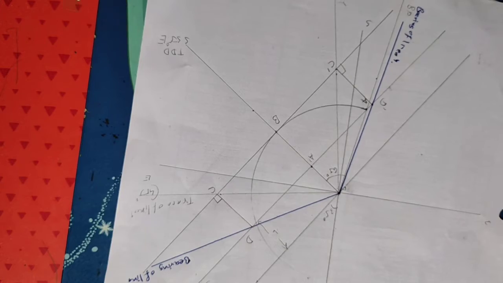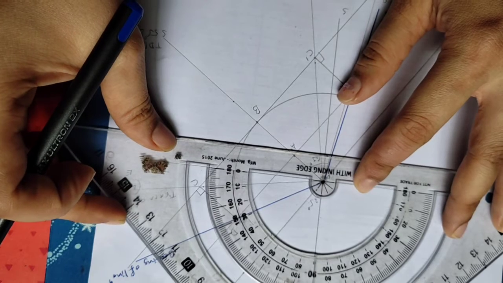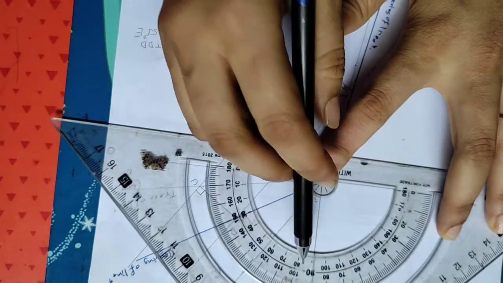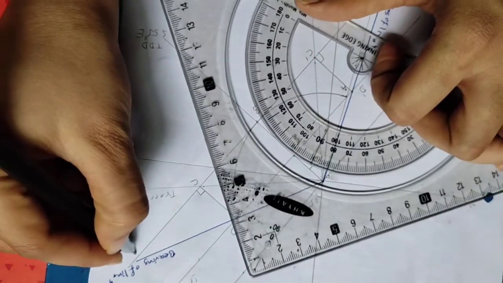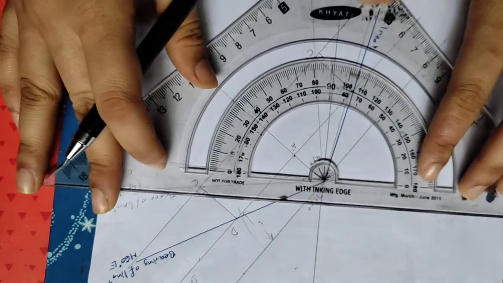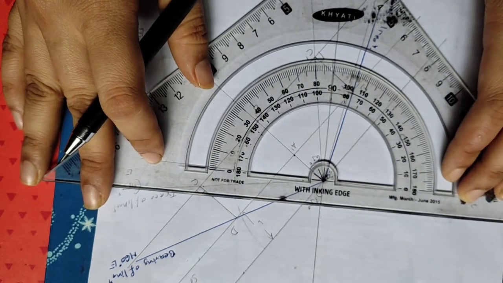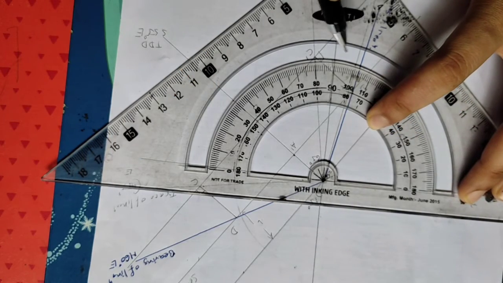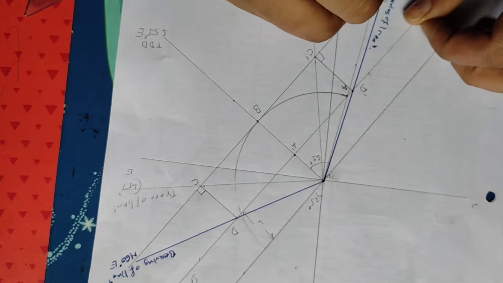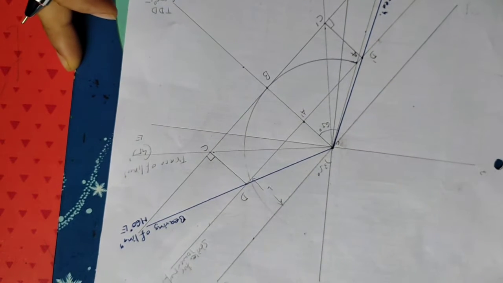We can measure the bearing immediately. It is not 60 degrees east here. South 13 degrees west will be the bearing for this problem.